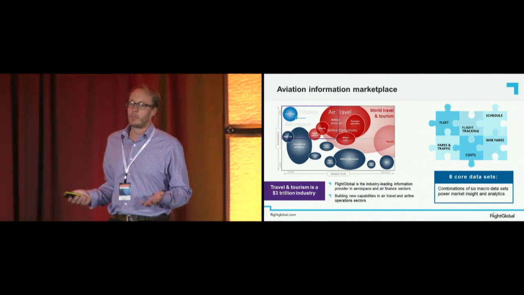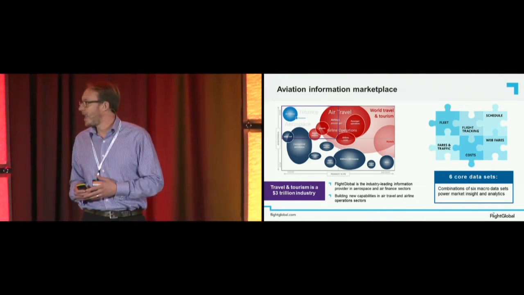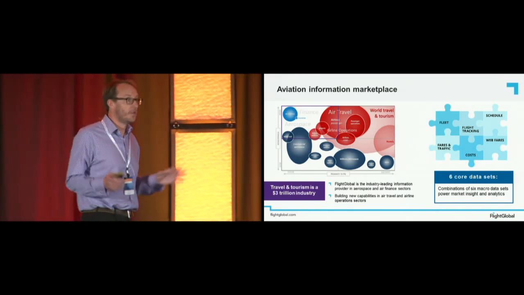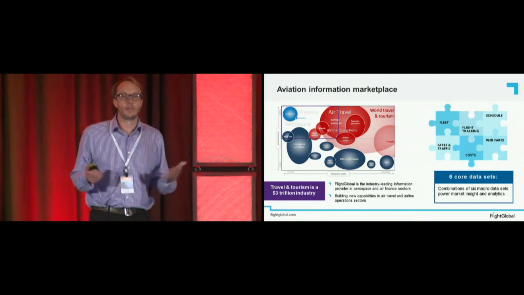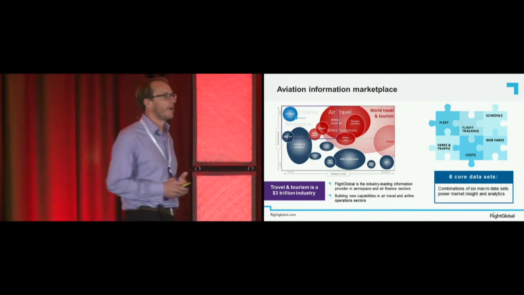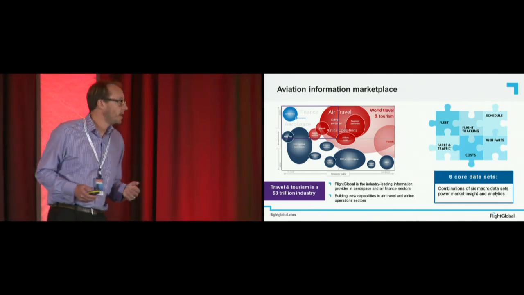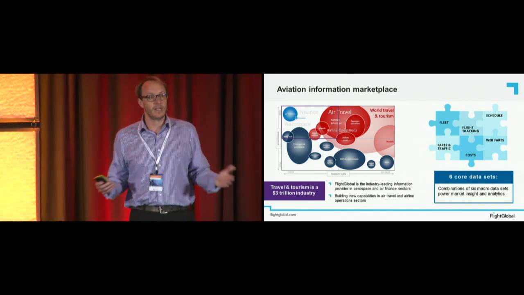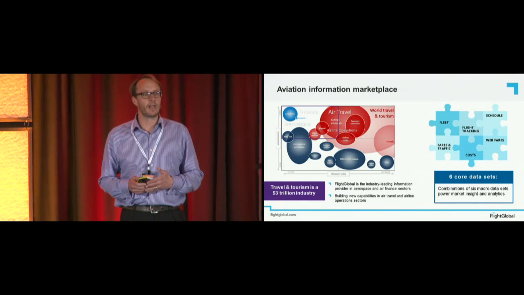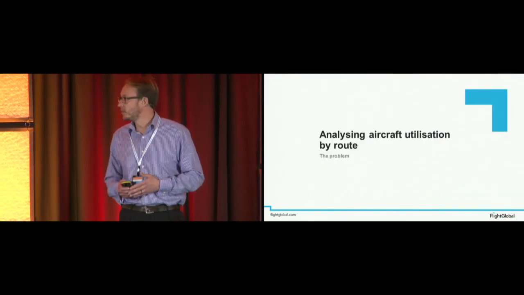You've got the costs of operating those flights. And the new thing, although it's not really new anymore, is direct sales, so the web fares, particularly relevant when it comes to low-cost carriers. Accessing that data is really important. Combining that data is where we really see some unique value and some big opportunities.